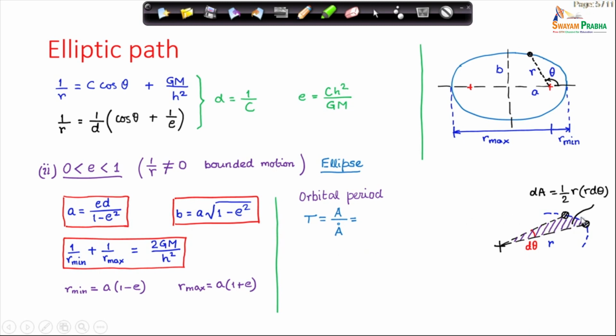So, total area divided by the areal rate will give us the time period of the orbit on the elliptic path. Now, this we have discussed before: the small area of this hatched almost triangle, for d theta an infinitesimal angle, is 1/2 r square d theta.